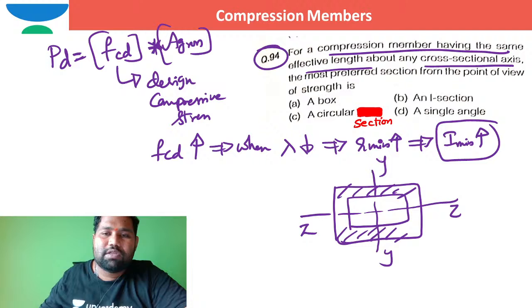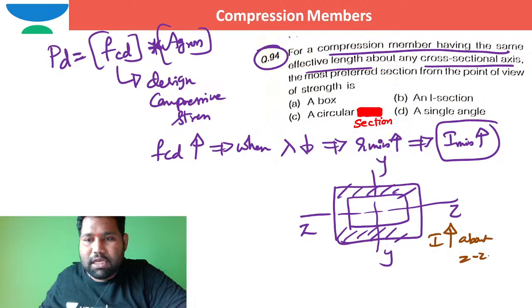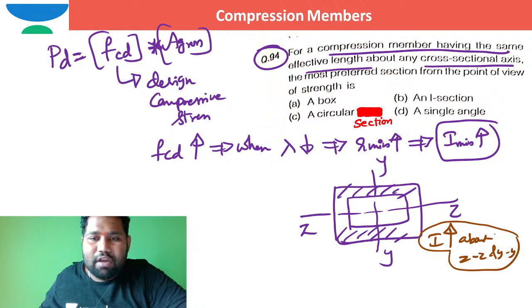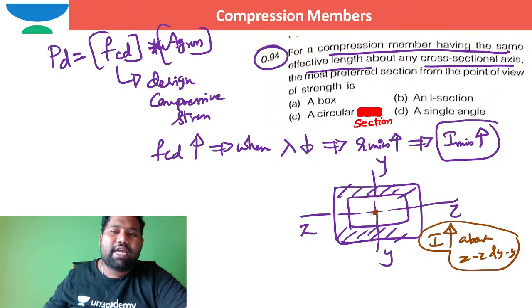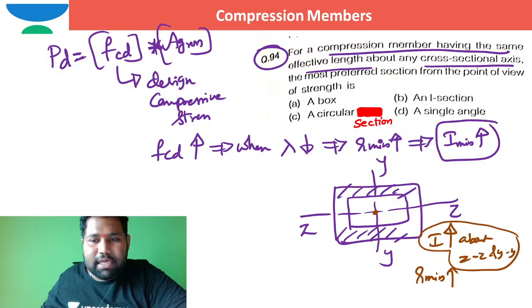So moment of inertia is high, I is increased about the z-z and y-y axes, since more area is thrown away from the centroidal axes. So in case of this box section, r minimum is increased. Yes, this is the correct option here.